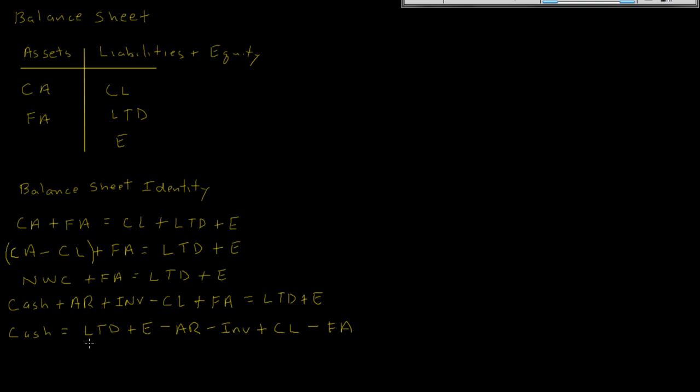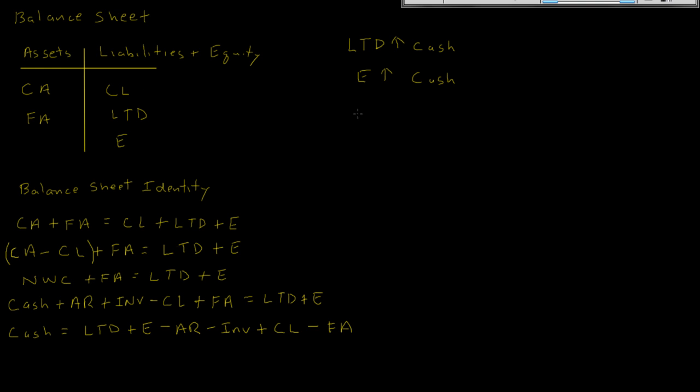Everything that's positive on this side of the equation, if they go up, it increases the amount of cash. So if long-term debt goes up, if we borrow money, issue bonds, for example, as a corporation, that increases our cash. That makes perfectly good sense. If we issue equity, that increases our cash.